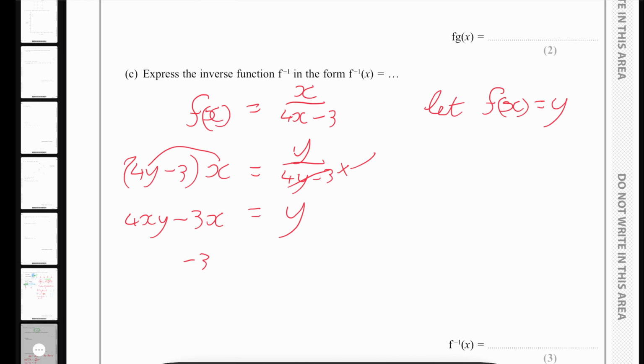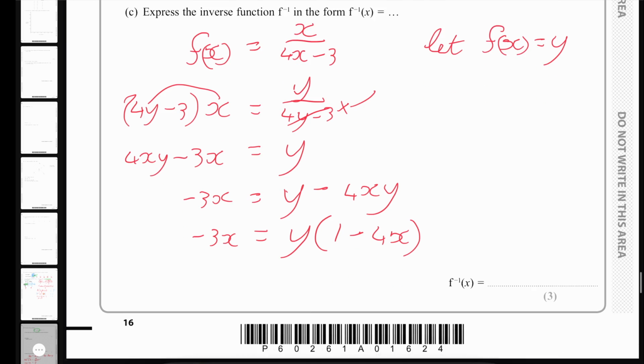So I've got minus 3x equals y minus 4xy. And I can take out my common y, which is leaving 4x, so I've got minus 3x there.